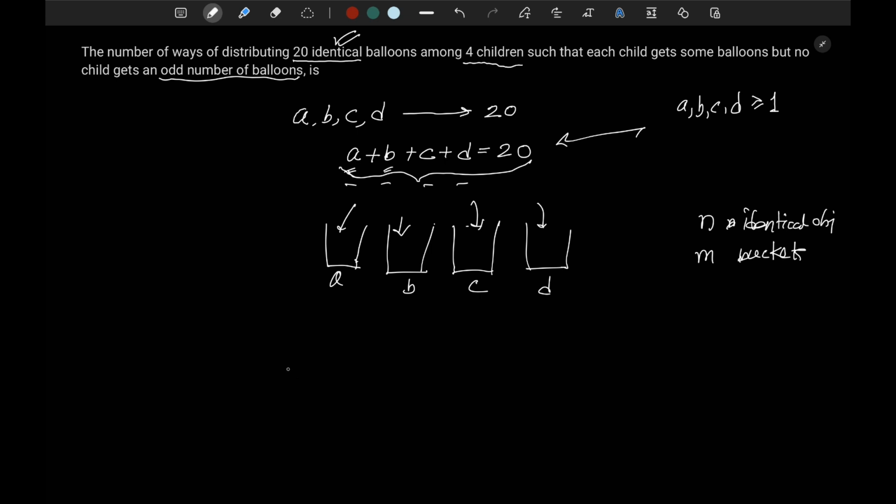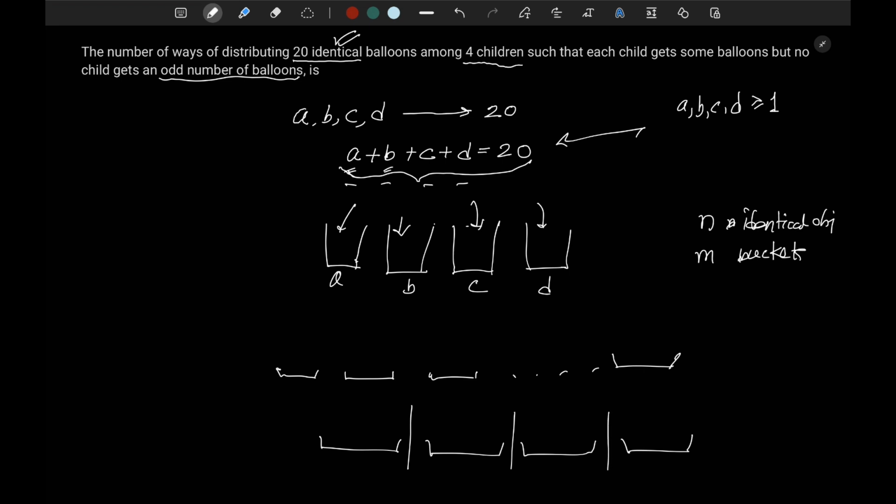If we have m buckets, let's say this is a bucket, this is a bucket, this is a bucket, and like this we have m buckets. So how many gaps will we have? If we had 4 buckets, the number of gaps would be: this is 1 gap, this is 1 gap and this is 1 gap. So 4 minus 1 equals 3 gaps.